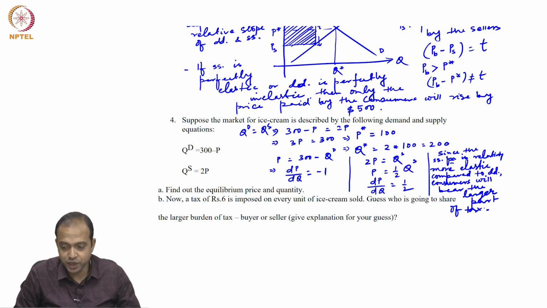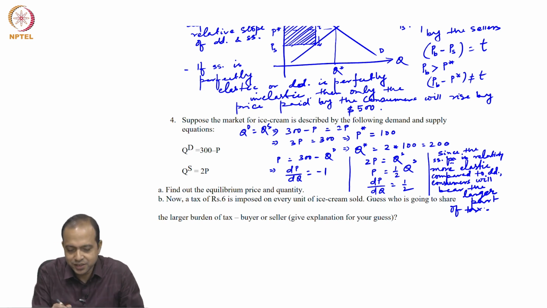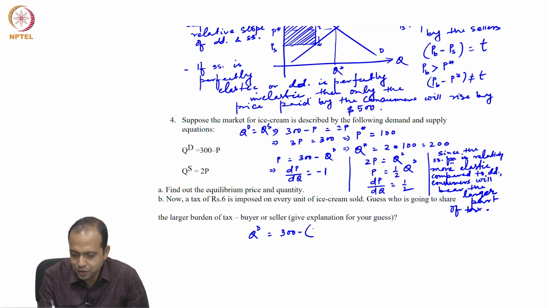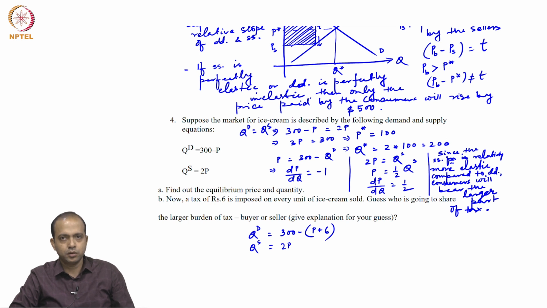Now, we have to prove whether our guess is true or not. So, let us assume that the tax is imposed on the buyer. In that case, QD would be 300 minus P plus 6 and QS remains unchanged. QS is 2P.